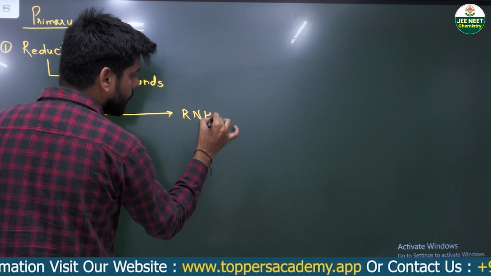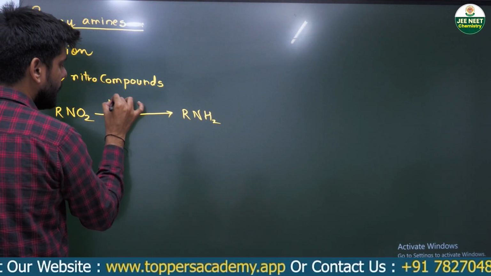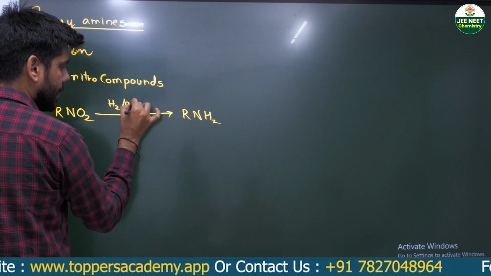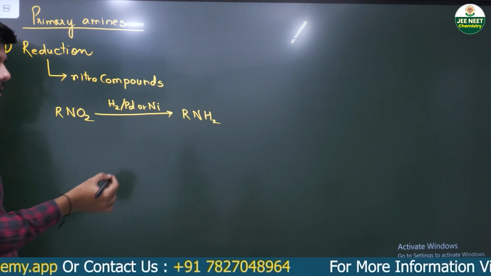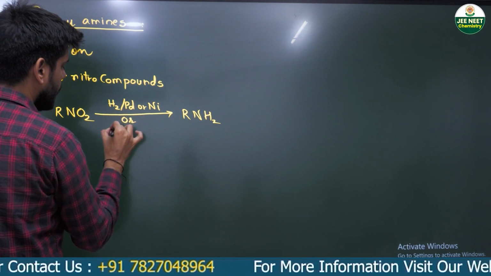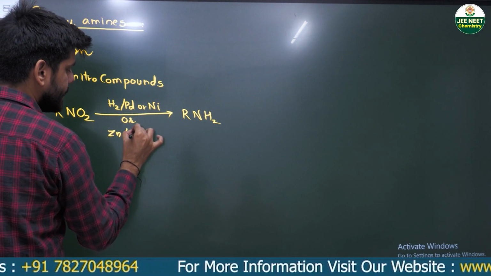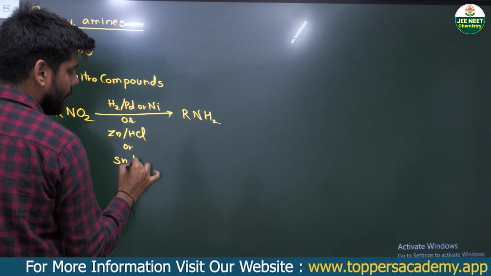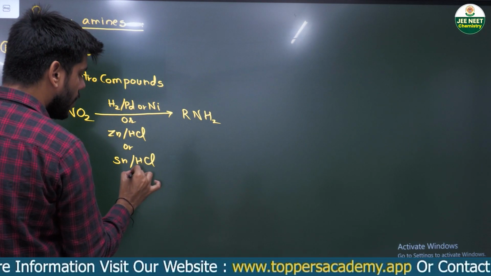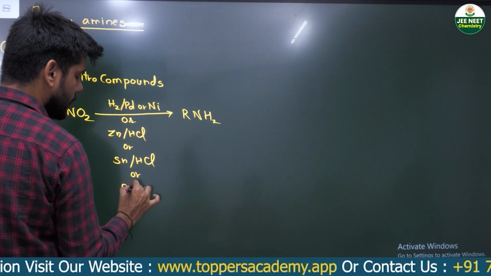The reagents used can be hydrogen in the presence of palladium or nickel, hydrogenation as the reducing agent, or zinc in the presence of HCl, or Sn in the presence of HCl, or iron in the presence of HCl.